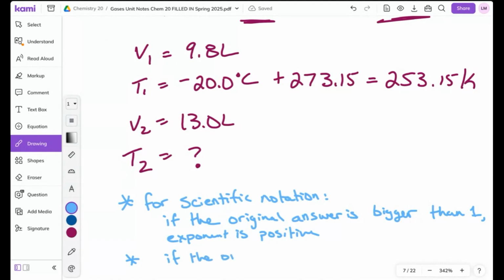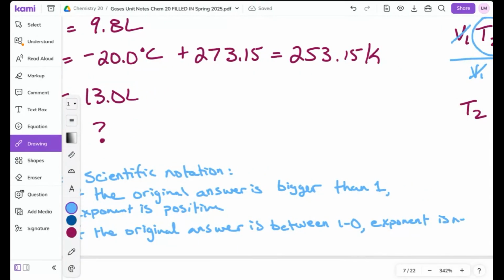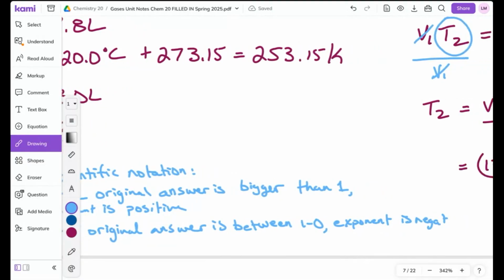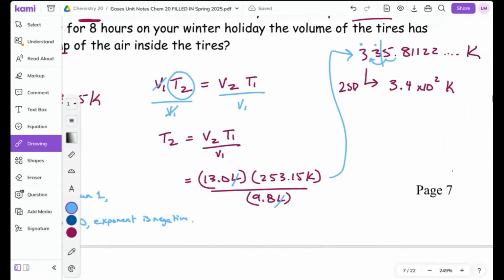If the original answer is between 1 and 0, so it's 0.258 or something like that, exponent is negative. So the exponent will be negative when you convert your answer from a regular number to scientific notation. So heads up on that.